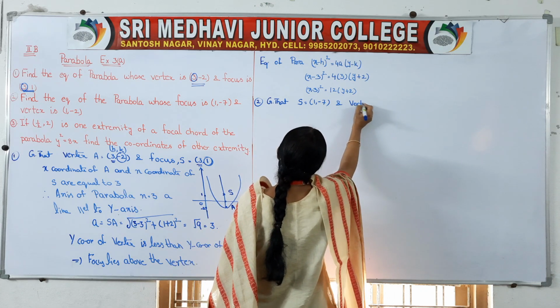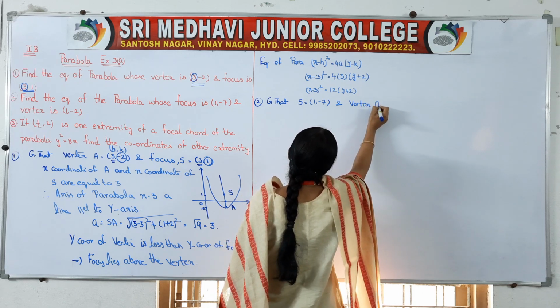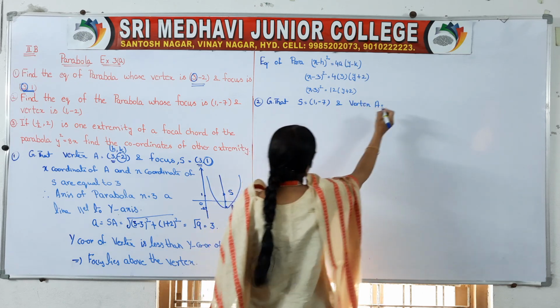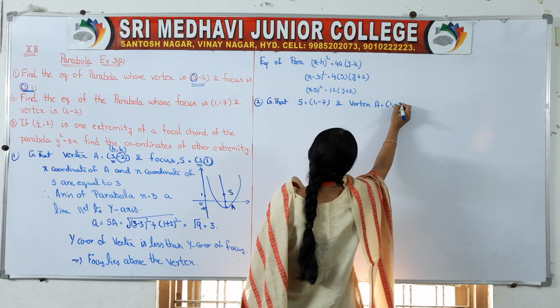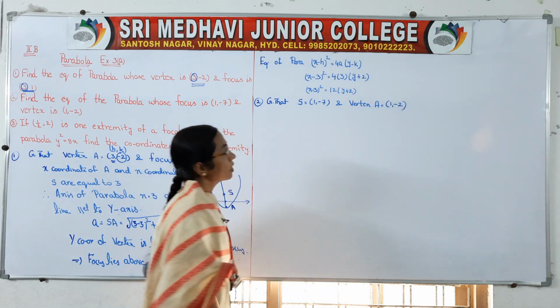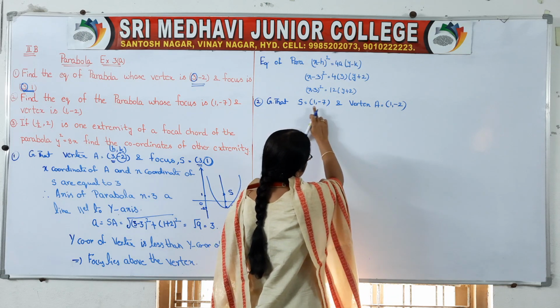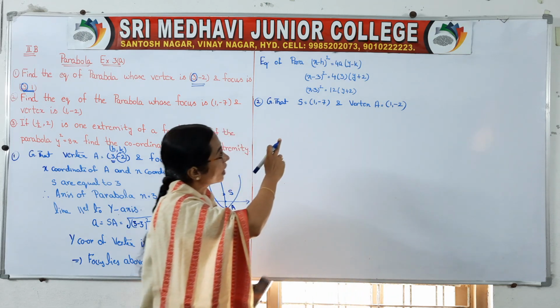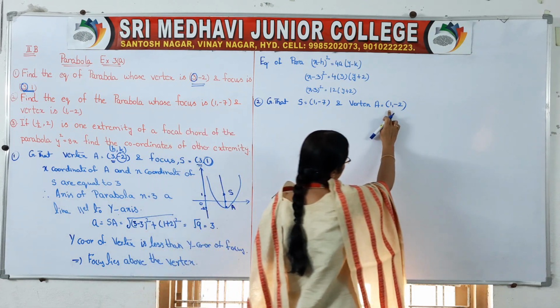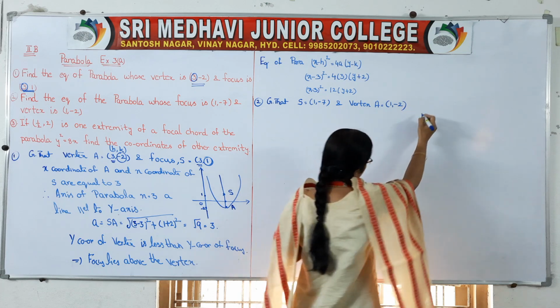We will denote vertex with A, and it is (1, minus 2). Okay, so now observe: for 1, minus 7, the x coordinate is 1, y coordinate is minus 7; for the vertex, the x coordinate is 1, y coordinate is minus 2.